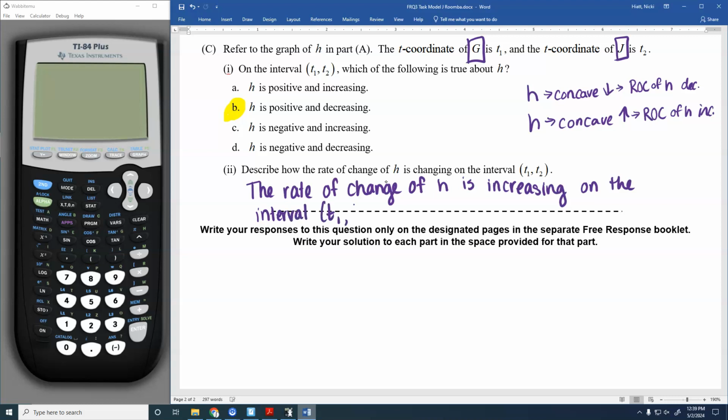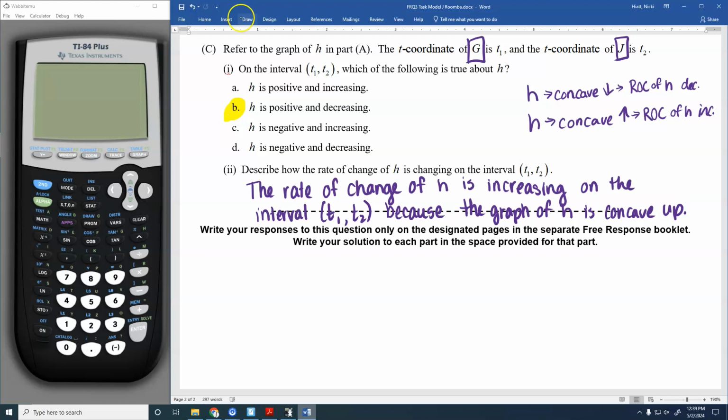T1 to T2 because the graph of H is concave up. So the answer to that question is always rate of change of H is either increasing or decreasing, pick one of those, on the interval from T1 to T2 because the graph of H is either concave up or concave down.